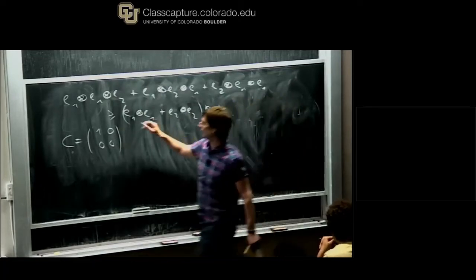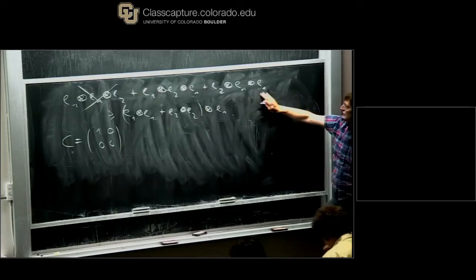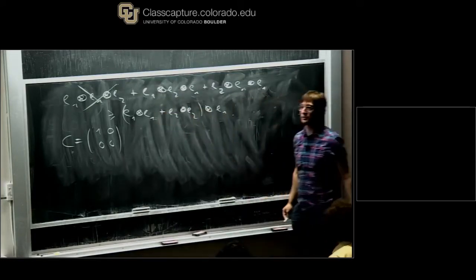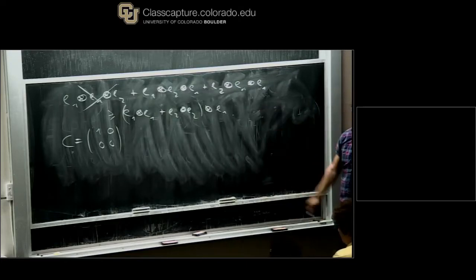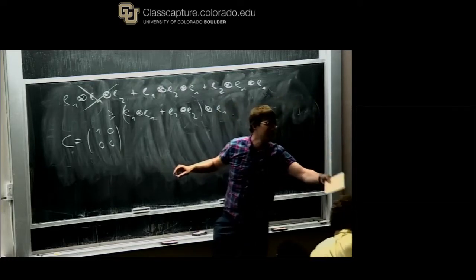Exactly, we just kick this out. And then I have E1, and then I have E1, 2 plus E2, 1. Right? So what do I do now? It's not exactly in that form yet. Okay, some other people helping. Go ahead.